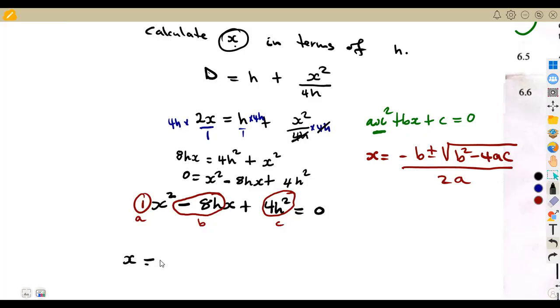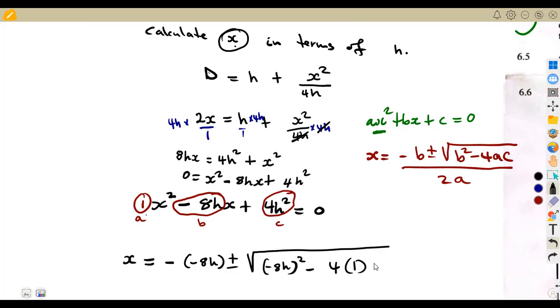x is equal to, okay, we are solving for x, minus b, that is going to be minus our b, which is minus 8h. Okay, plus or minus the square root of b squared, which is minus 8h squared, minus 4ac, our a, which is 1, our c, which is 4h squared, like this, okay?